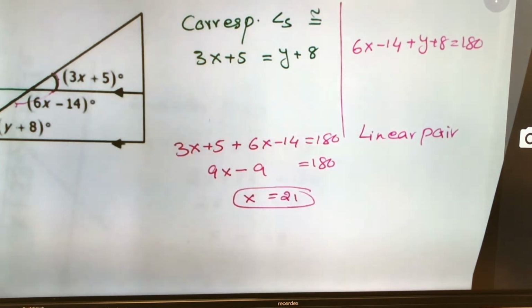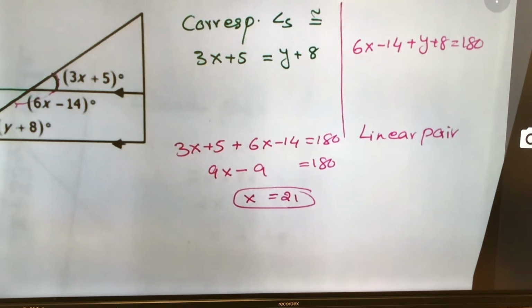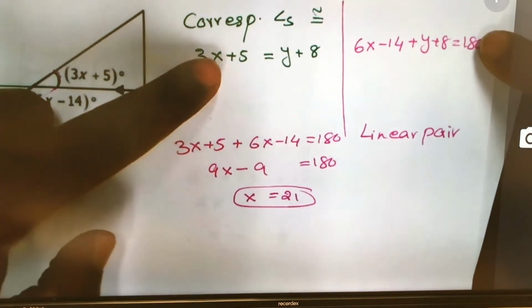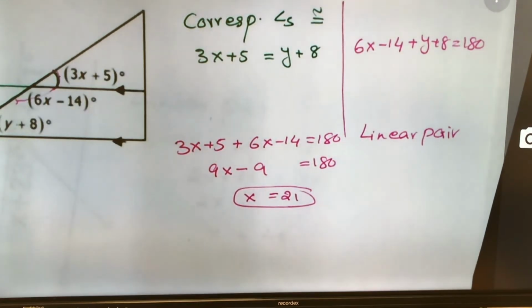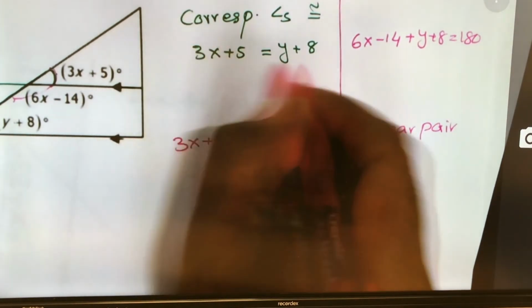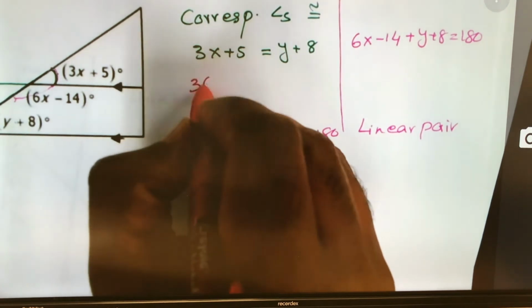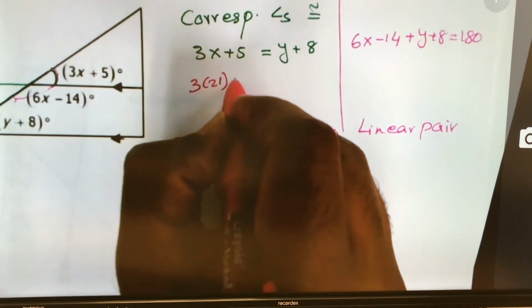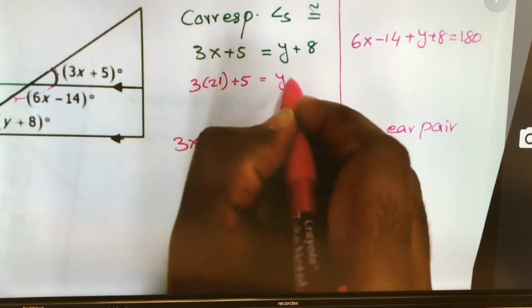Now I have the value of x. Now you have to figure out the value of y. So you can choose one of the above equations. We already know the value of x, so we can replace x with 21. Let me use the first one. So 3 times 21 plus 5 is equal to y plus 8.